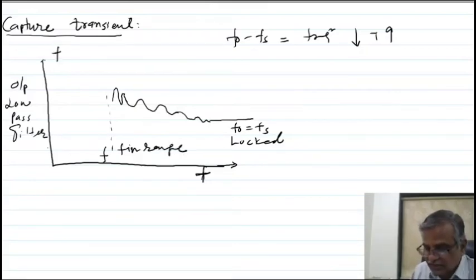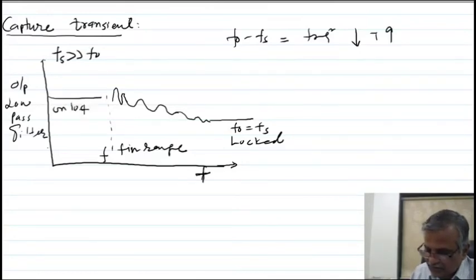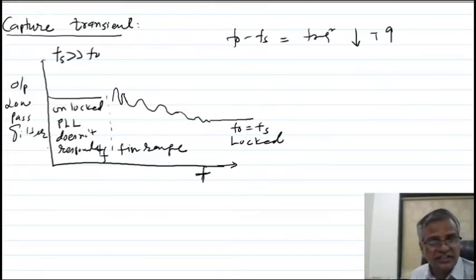Someone may ask, sir, if FS is too much greater than FO, then what will happen? Then you will get unlock. PLL does not respond. Those who have done this experiment have seen that if the FO frequency is 4.2 kilohertz and your input frequency is very far from FO, then there is no response of the PLL.